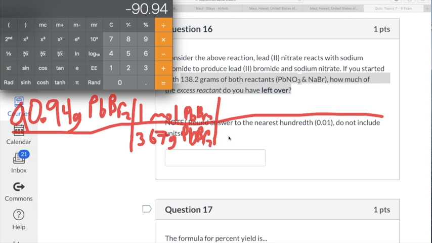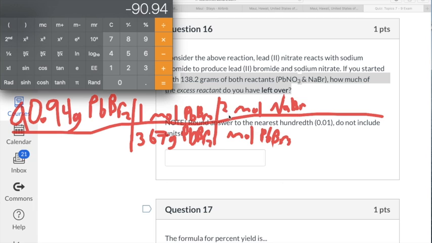So I need to know how many moles of PbBr2 I get for however many moles of my excess, which was the NaBr. So when I look at my balanced equation, it looks like I have 2 moles of NaBr for every 1 mole of PbBr2.